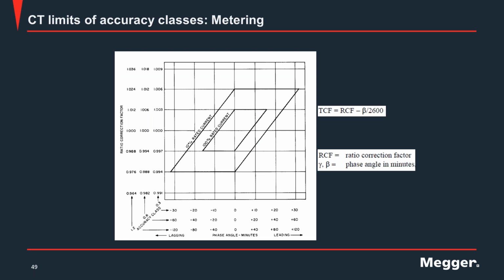In the metering class CTs, normally our tester provides this parallelogram. What is the use of this parallelogram? You can use this in doing the ratio test.